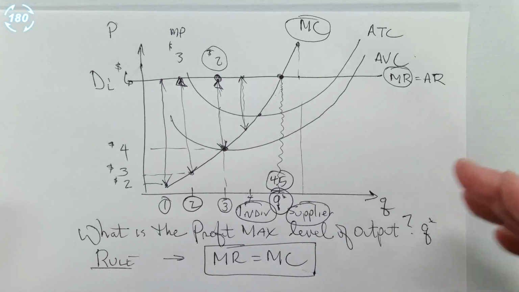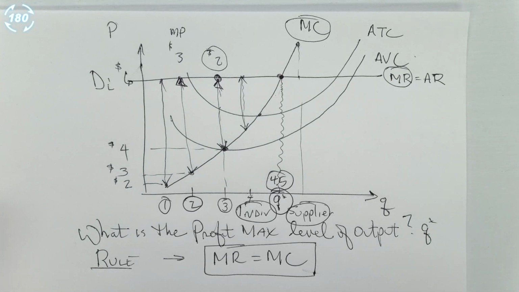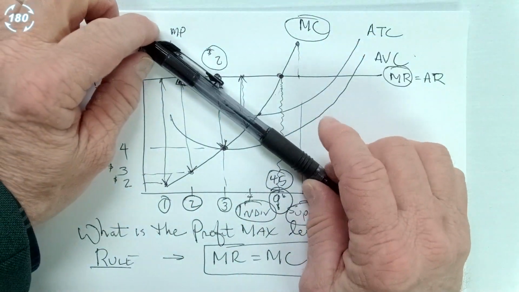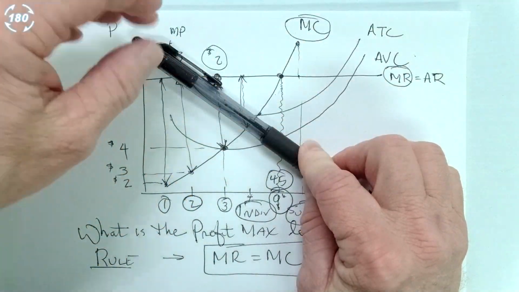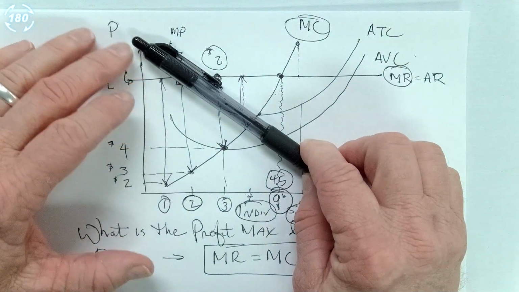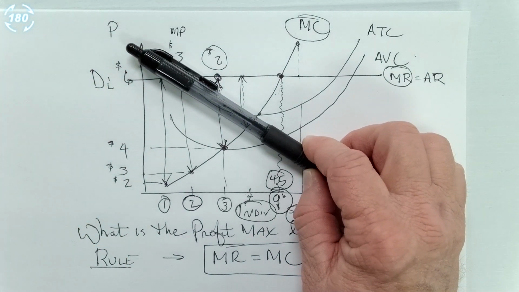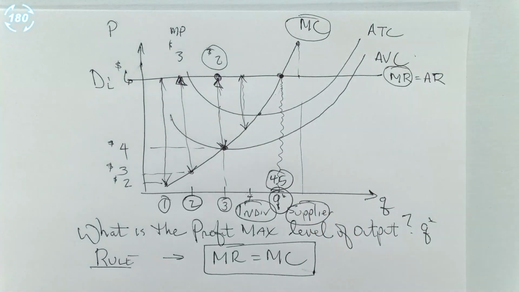Now, this is a pretty simple diagram, right? But later, when we get into a situation where the individual supplier supplies the whole market, by the way, they call that a monopoly, then this individual demand curve slopes downward. They may have the same cost curves, but locating the profit maximizing quantity and price is a little more complicated problem.